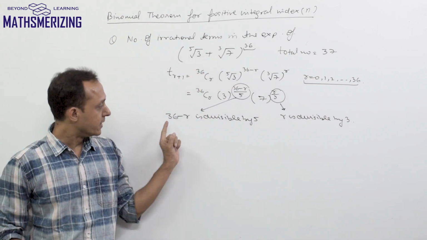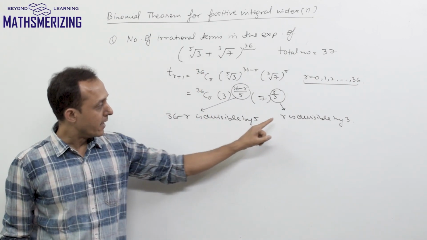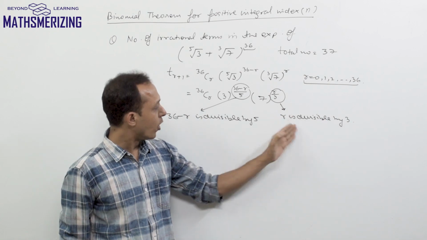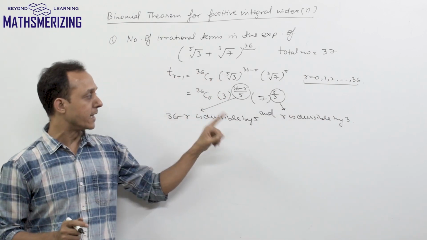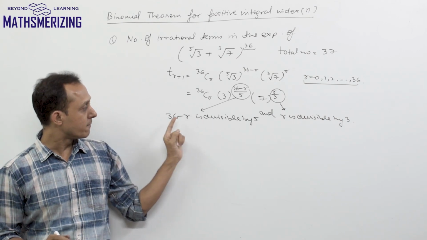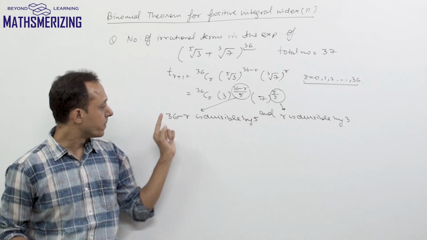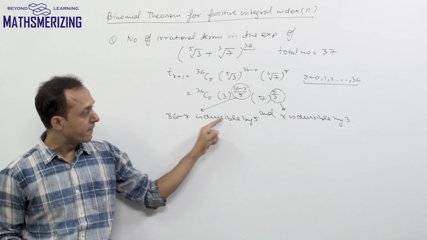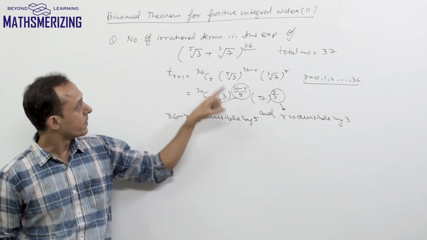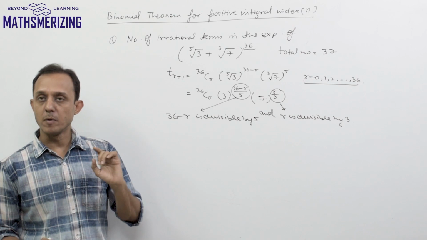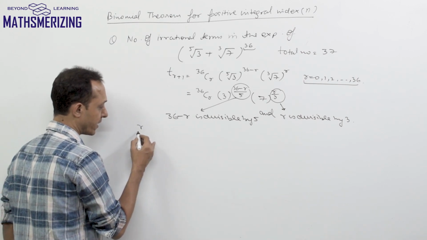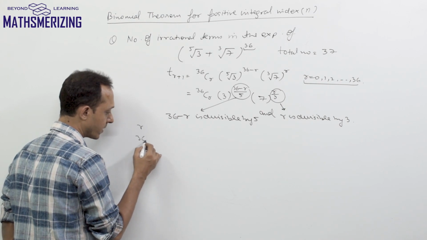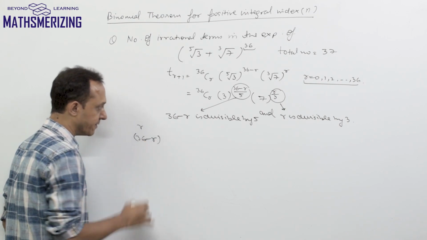It should be an 'and', because I need both conditions to hold simultaneously. So in all these cases I'll have a rational term. What I'll do is write the values of r, and corresponding to that I'll write 36 minus r, which is divisible by 5.